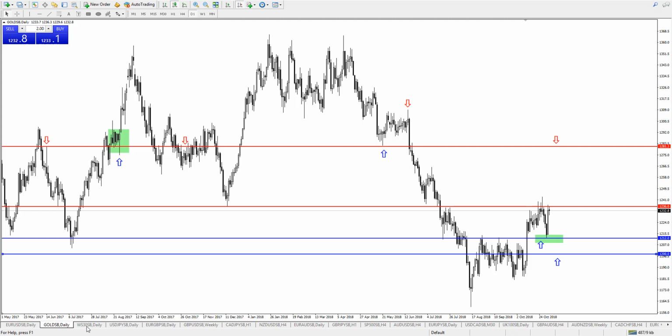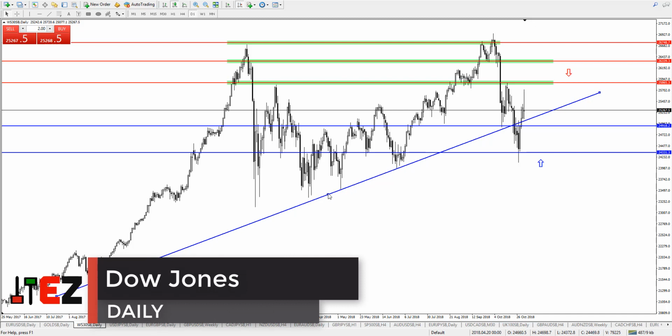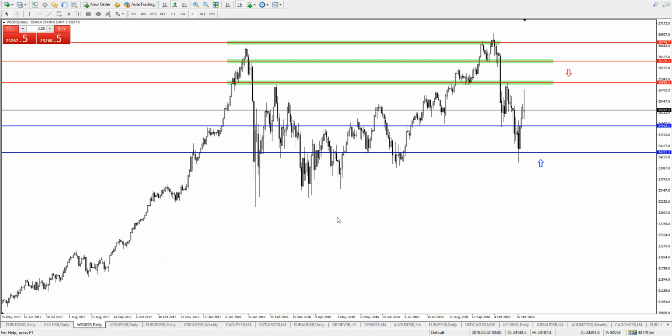So now moving on to Dow Jones. As you can see, I have my levels marked out. On Dow Jones, all right, significant sell-off, retracement. Retrace back up, continuation back down. Significant sell-off, retracement, and then boom, continuation to the downside. As simple as that.